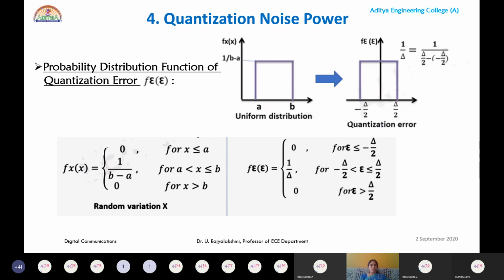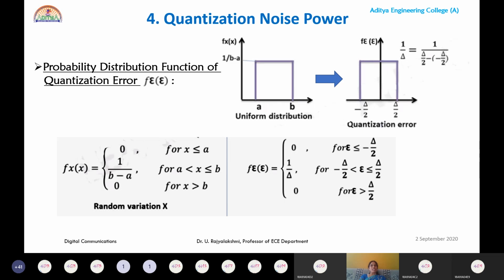Now we are going to calculate, or represent, the probability distribution function for the quantization error E. What is the E value? E value is mod delta by 2, so it exists from minus delta by 2 to plus delta by 2.